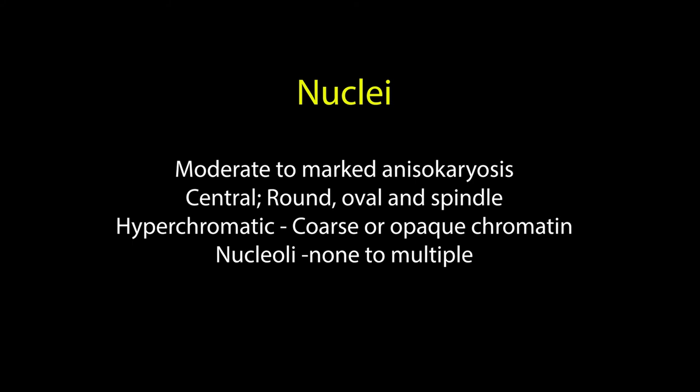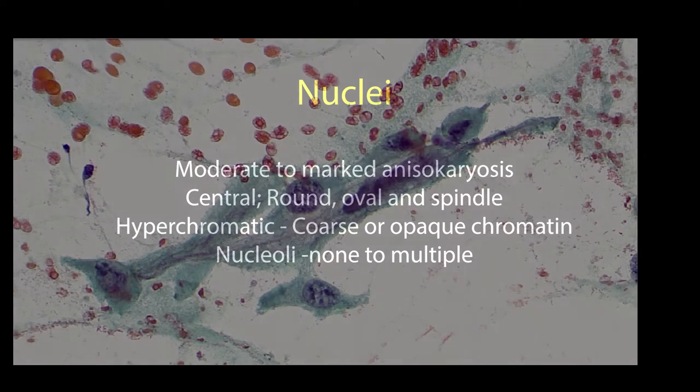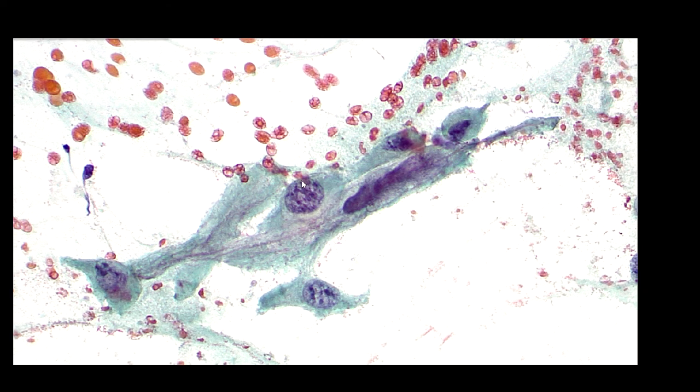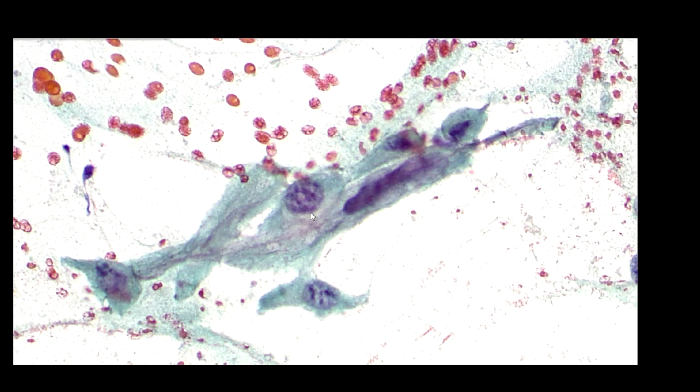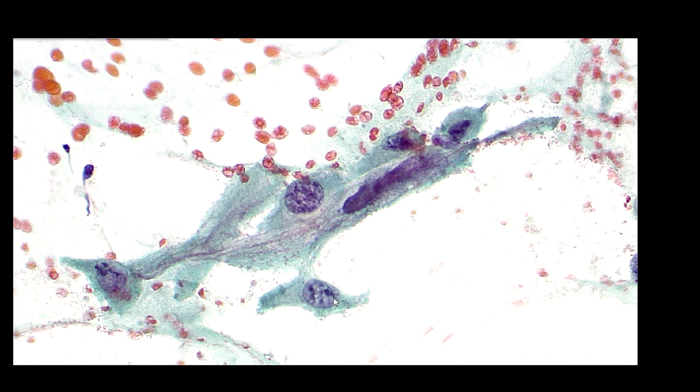Nucleoli are usually multiple, if you can see them, or sometimes the chromatin is so dark you can't see nucleoli. So these ones have got quite coarse chromatin and seem to have maybe small nucleoli in them as well. They're sort of centrally placed, even though they're weirdly shaped cells.